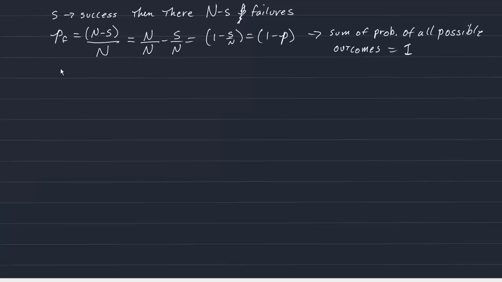So now let's talk about the binomial distribution. The example here is, let's say we're doing some exploratory drilling for geothermal heat.